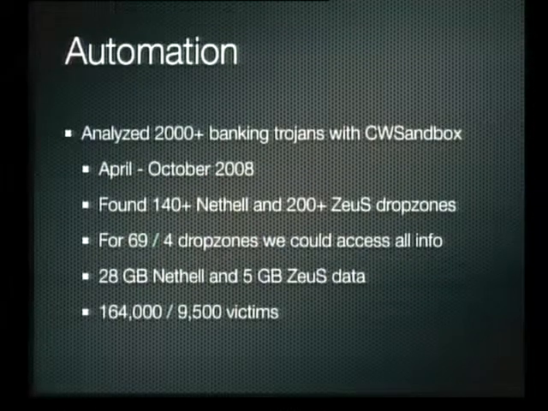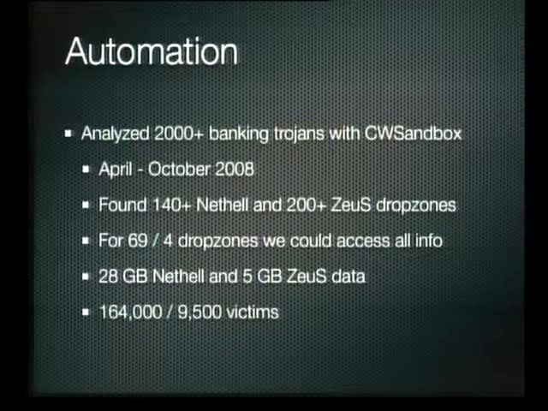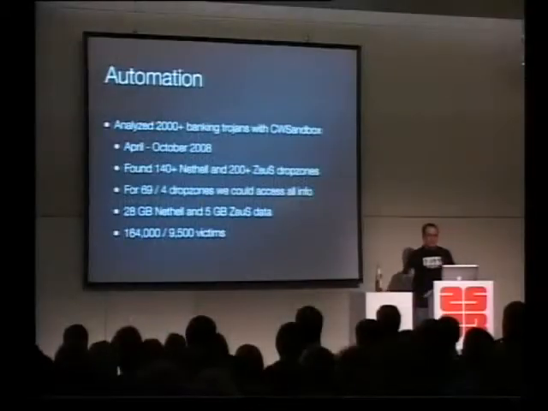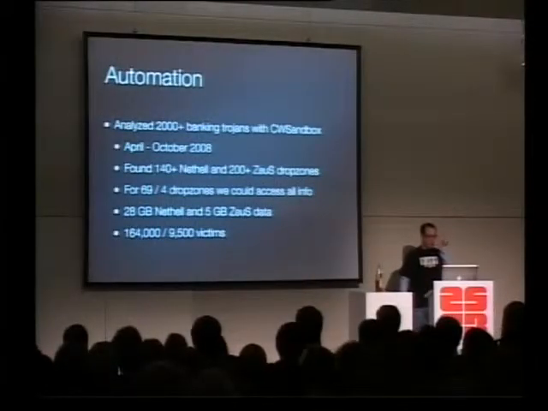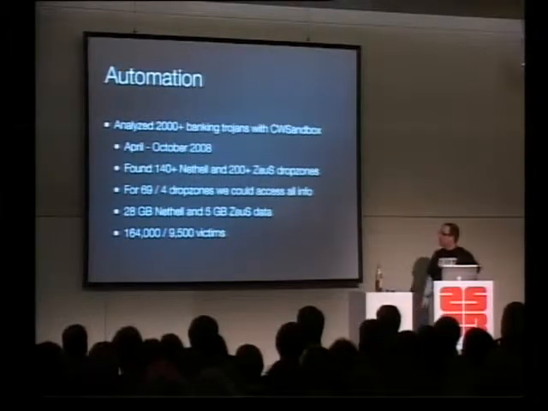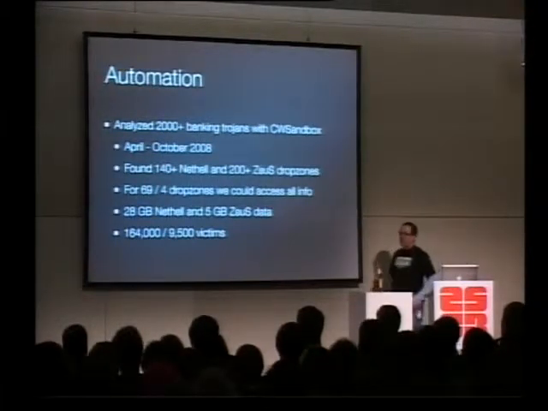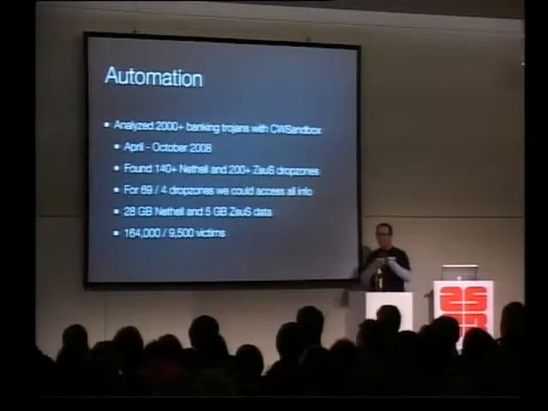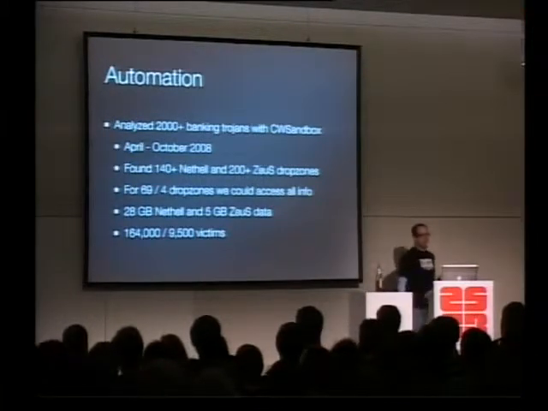We analyzed about 2,000 banking Trojans with CW Sandbox between April and October. In total, we found more than 140 NetHell and more than 200 Zeus drop zones. In the meantime, we have even more, so now we have more than 300 of those drop zones in total. For a little bit more than 70 of those, we got complete access to the drop zone, so complete access to all data that's stored there.